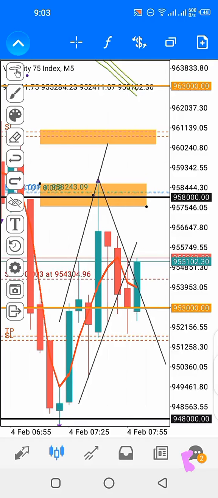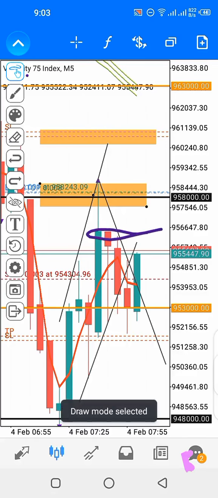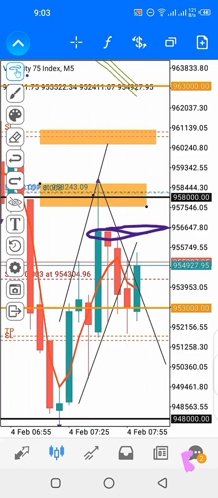We have a clean break above the descending trend line, and we can see price is approaching the initial resistance area. Let's see how price will react at that level.